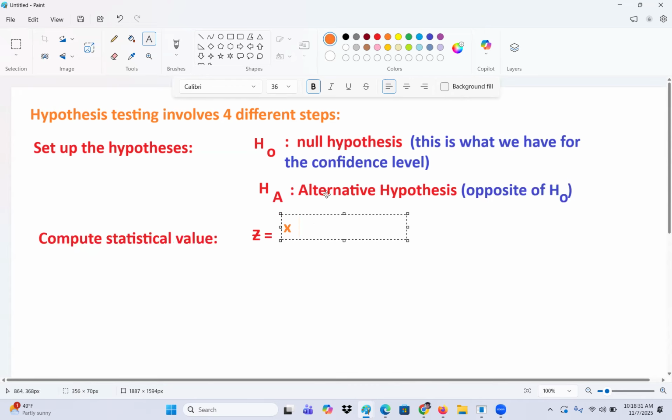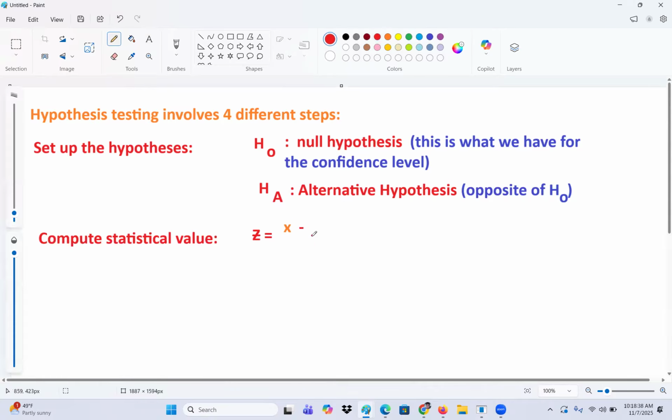Knowing what the curve looks like for the sample is very important. So we subtract the mean and divide by the standard deviation over radical n. We have learned this before.